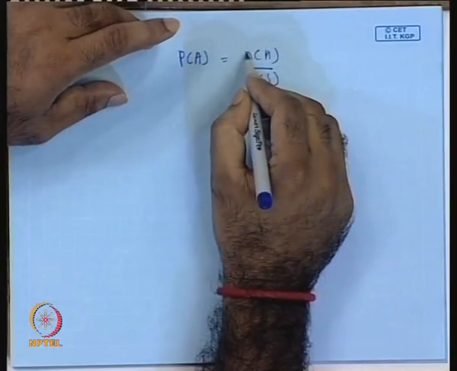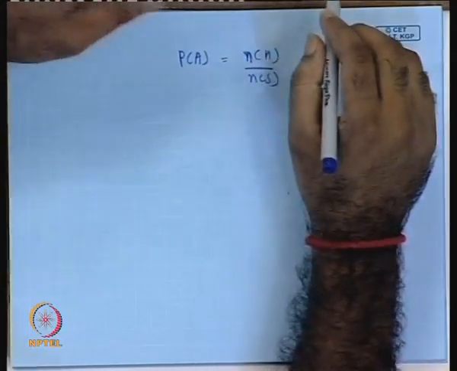Now, in the probability aspects, we would like to know the speciality of probability. Like we discussed for correlation, one of the fantastic features of correlation is that the value of the correlation coefficient lies between -1 and +1. Similarly, in the case of probability we also have certain interesting features.